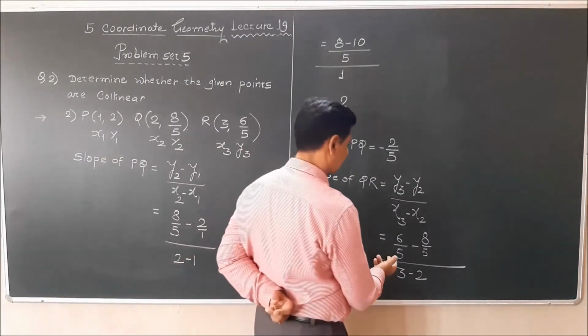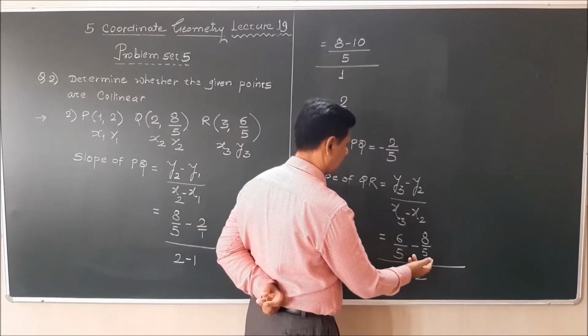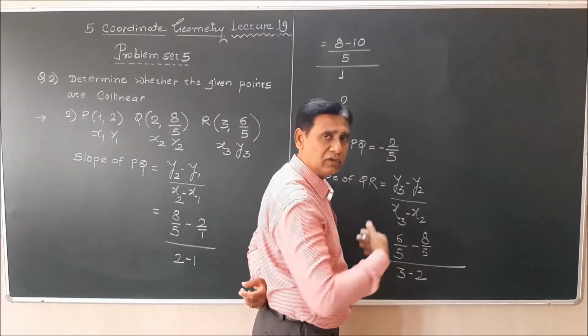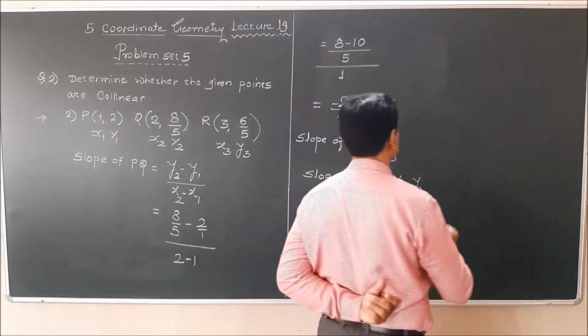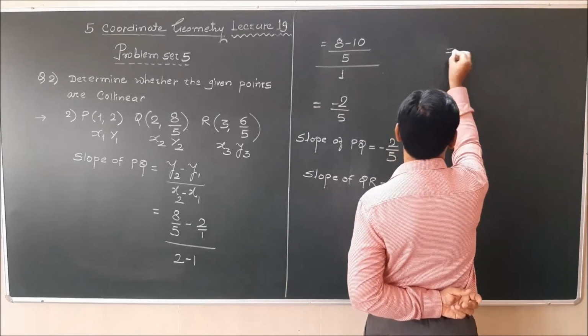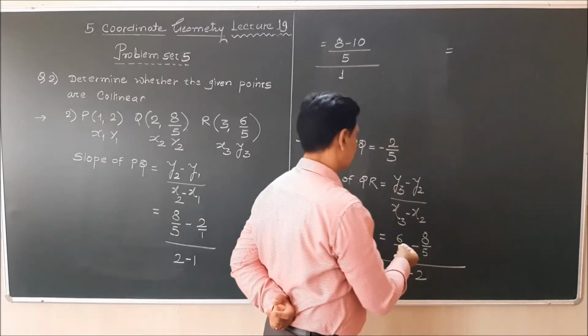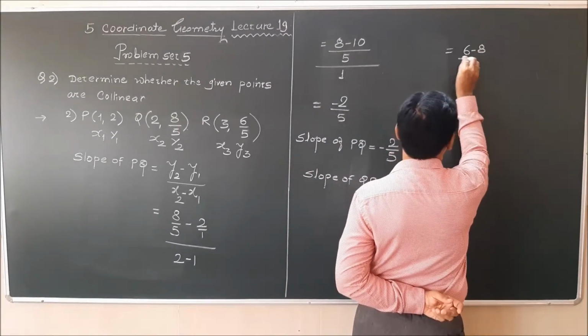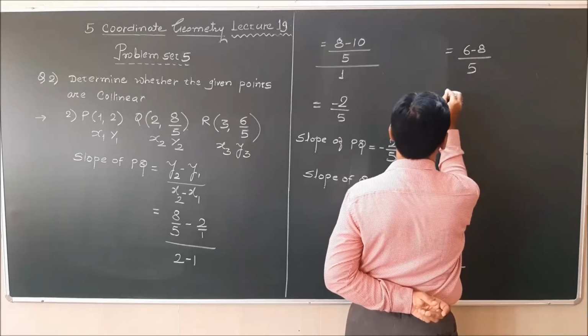Here denominators are the same, 5 and 5, so we simply subtract the numerators. So that is equal to 6 minus 8 upon 5.